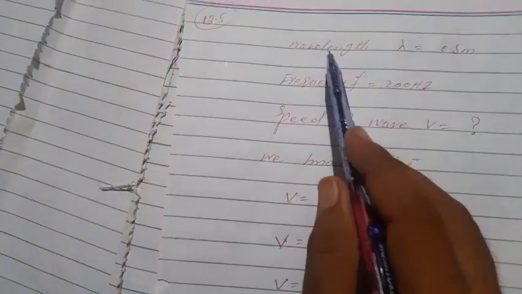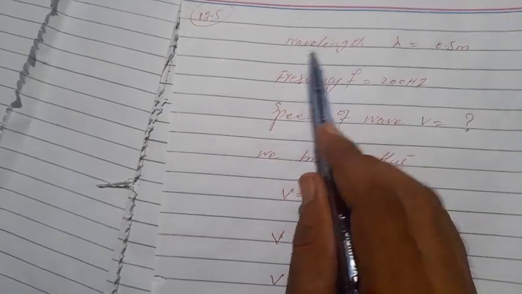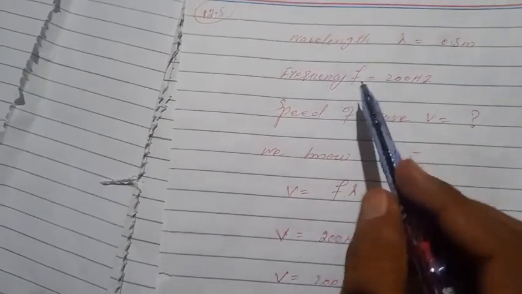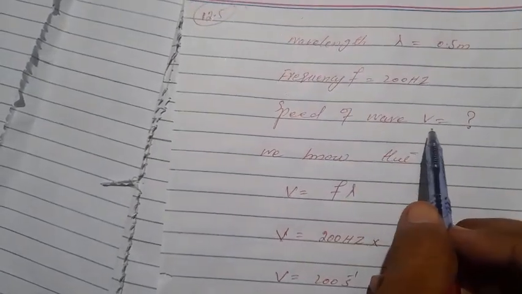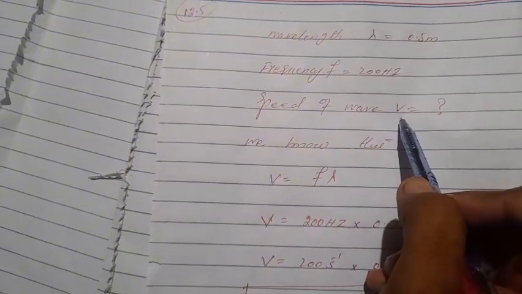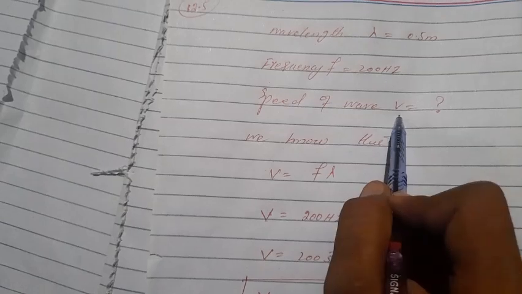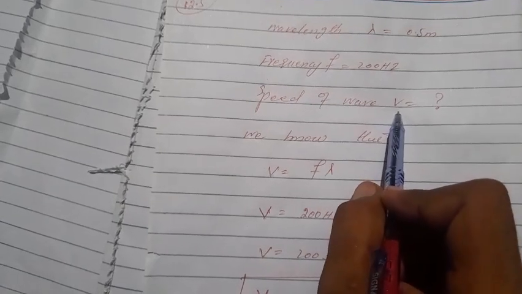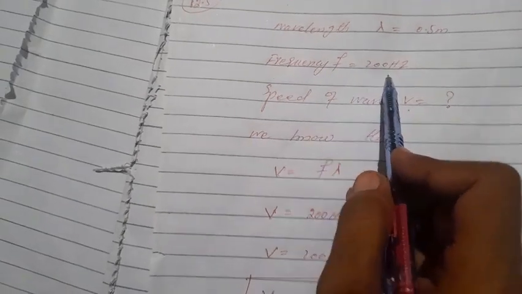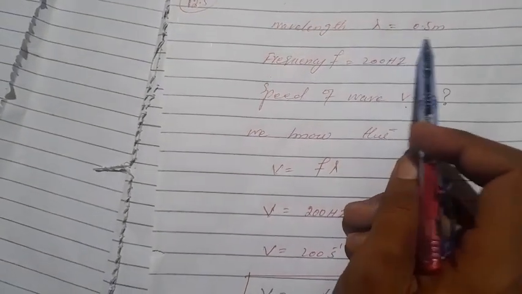Here we have question number 5, in which we have to find the speed of a wave, and I think that is the same as question number 1. Here the frequency of the wave is 200 hertz and the wavelength is 0.5 meter.